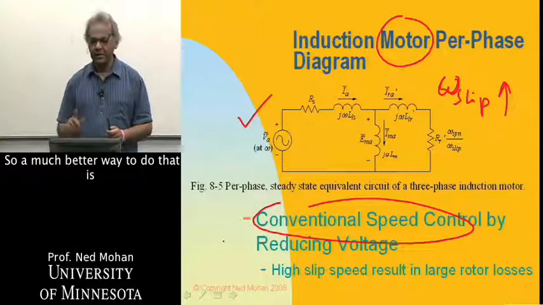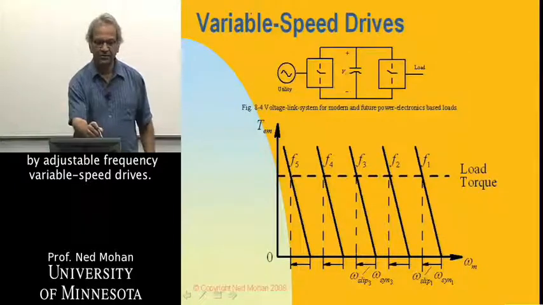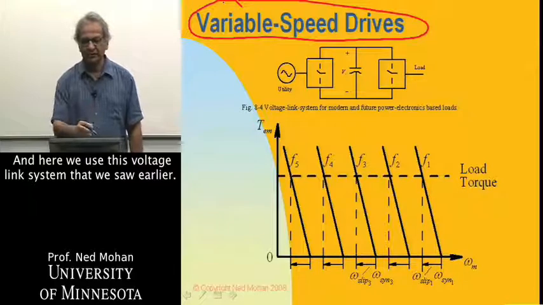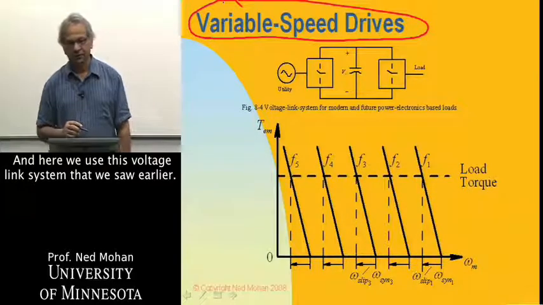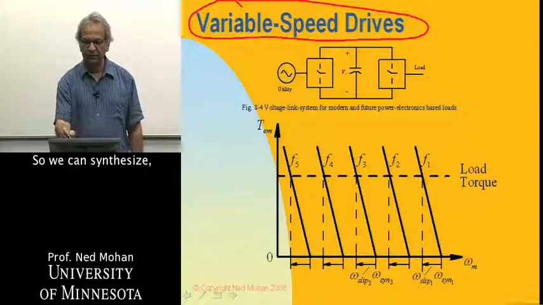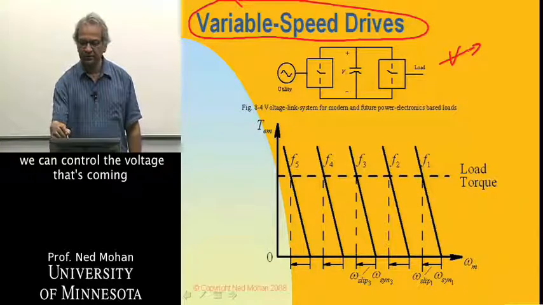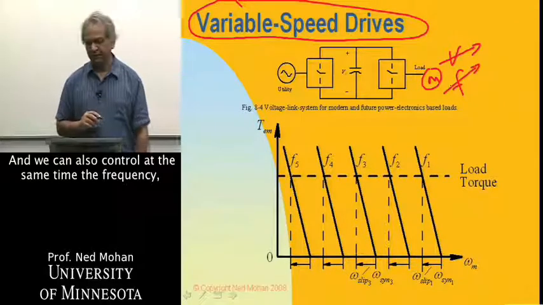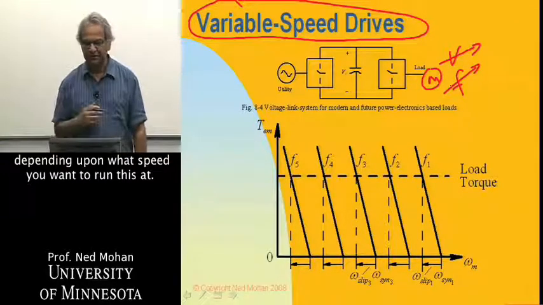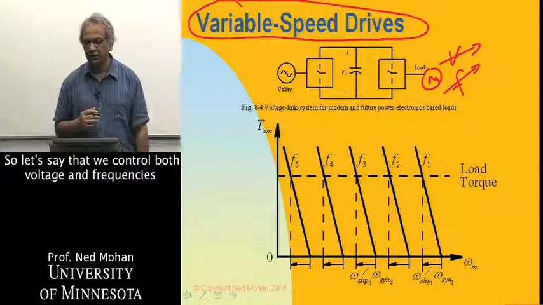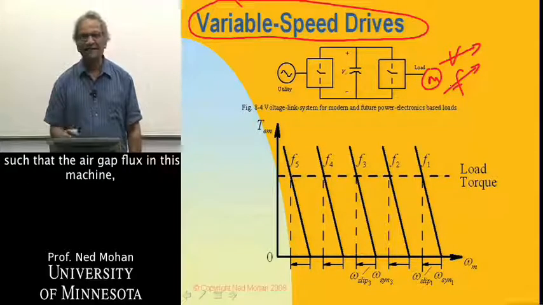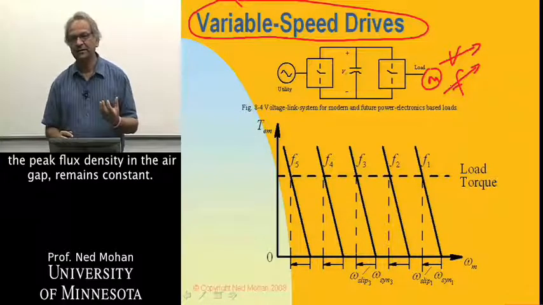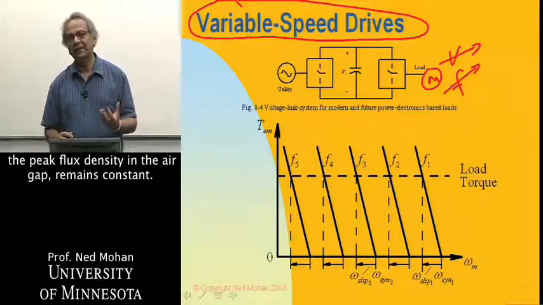So a much better way to do that is by these adjustable frequency variable speed drives. And here we use this voltage link system that we saw earlier. So we can control the voltage that's coming to this motor here, and we can also control at the same time the frequency, depending upon what speed we want to run this at. So let's say that we control both voltage and frequency such that the air gap flux in this machine, the peak flux density in the air gap, remains constant.